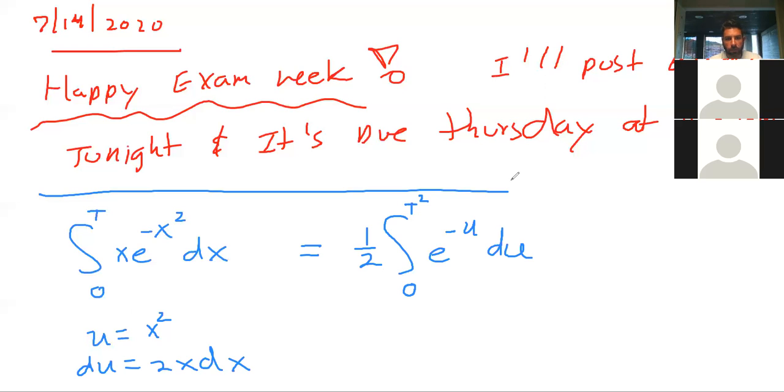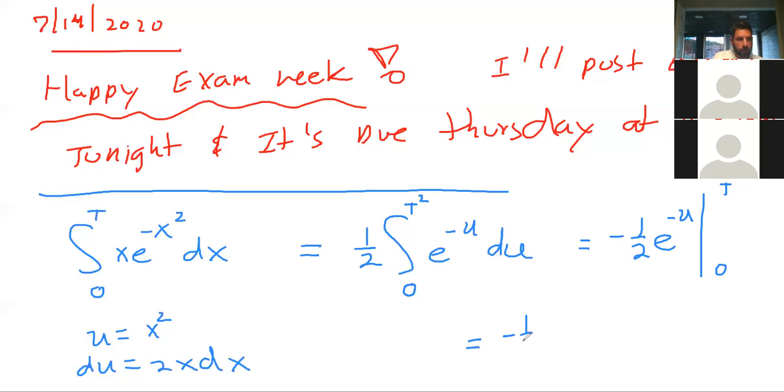Now this is an integral that is identical to the one we did in class. I think we did e to the negative x in class. And so this thing you can integrate. This becomes negative 1/2 e to the negative u from 0 to t squared.